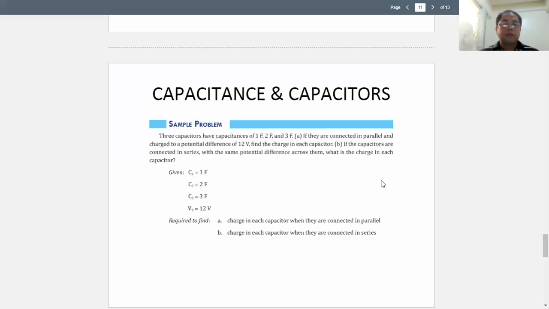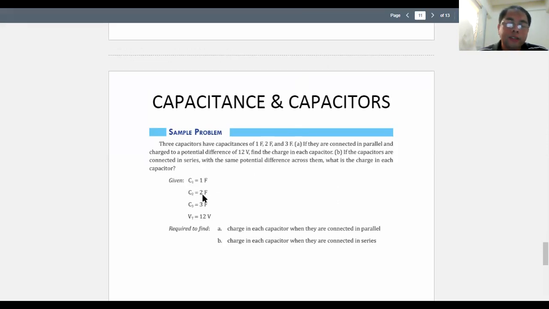So here's an example. 3 capacitors have capacitances 1 farad, 2 farad, 3 farad. So perhaps this is Q1, C1, C sub 2, C sub 3. And they are all connected in parallel to a 12-volt potential difference, or a battery. So we are asked to find the charge in each capacitor.